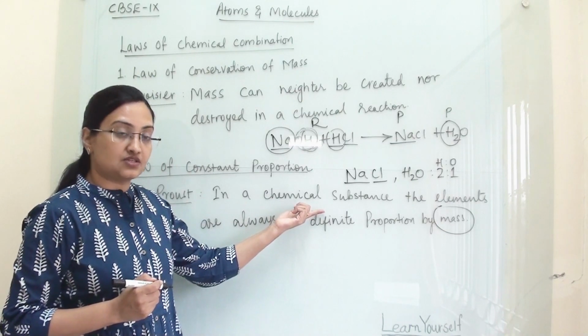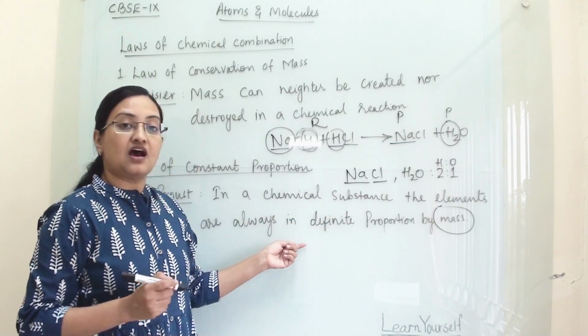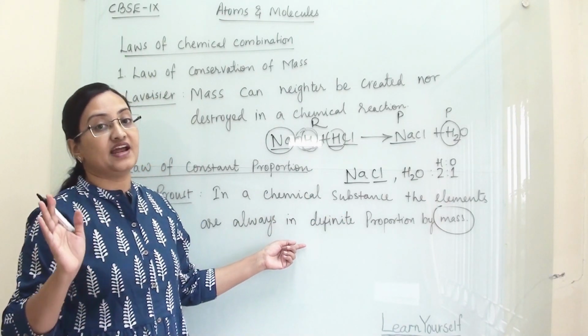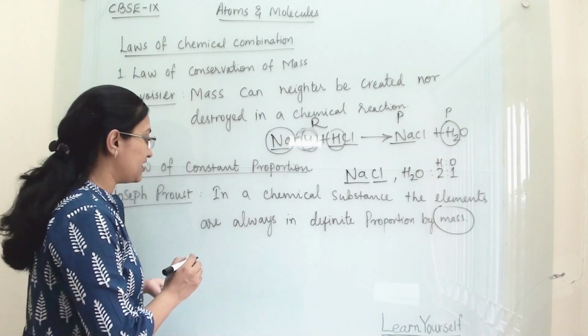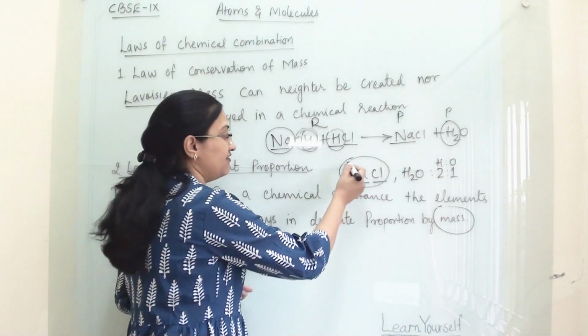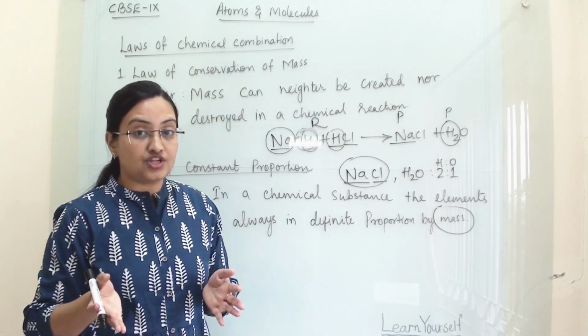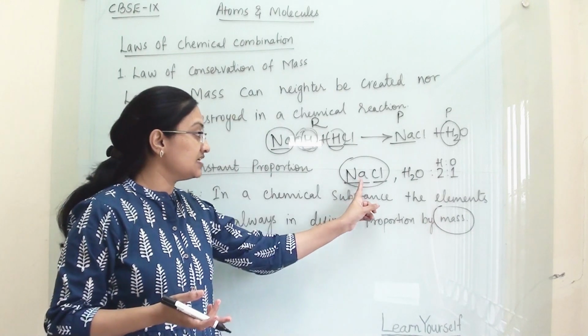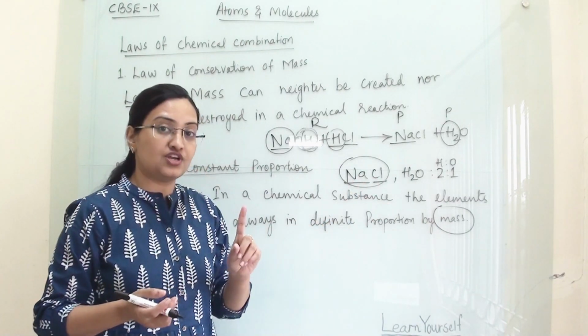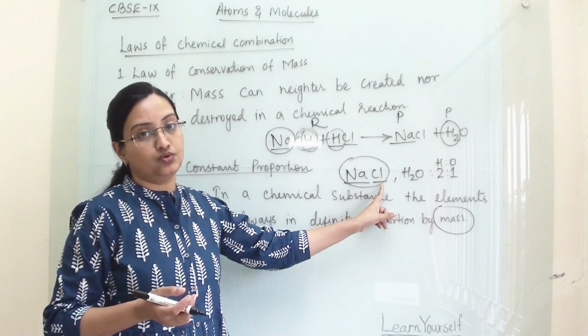In any chemical substance, all the elements are always in definite mass and definite proportion. So whenever I say sodium chloride, or you read sodium chloride, it means a composition of one sodium atom and one chlorine atom.